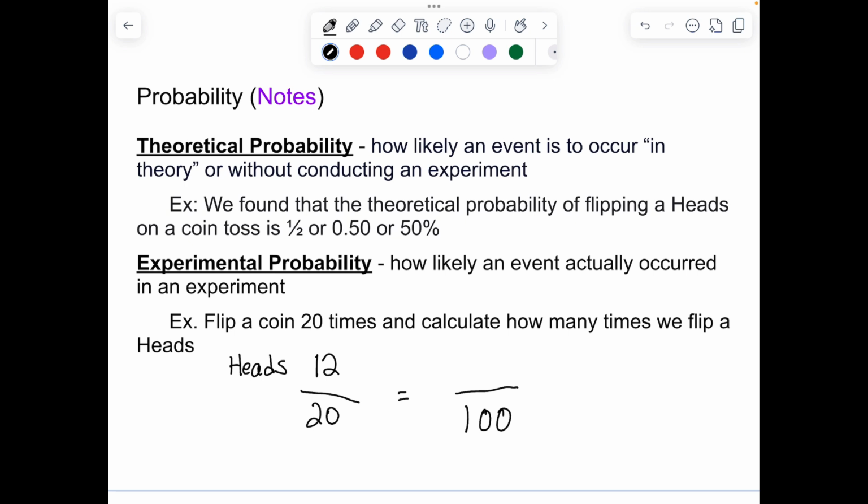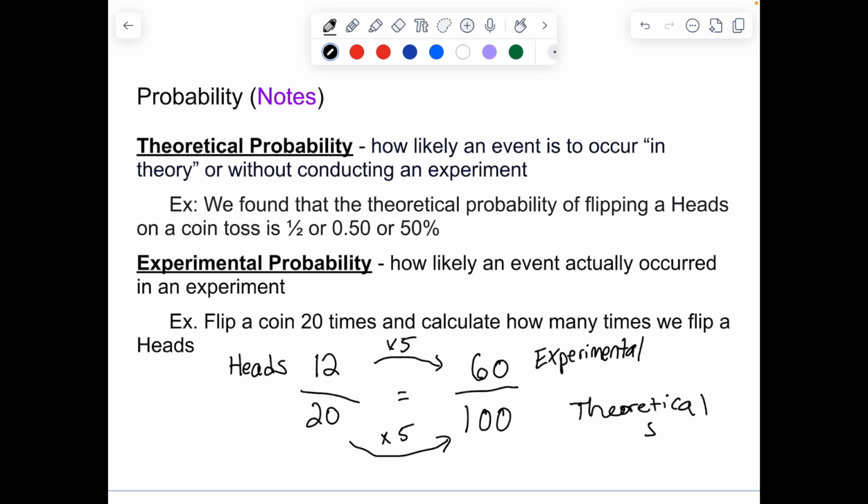Okay, so if I flipped the coin 100 times, I would expect to get heads 60 times based on experimental probability. I found that simply by multiplying 20 by 5 to get to 100 and 12 by 5 to get to 60. So experimental probability is 60 out of 100, whereas my theoretical probability is 50 out of 100.